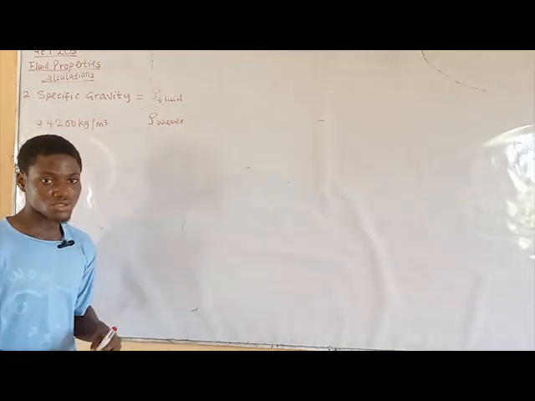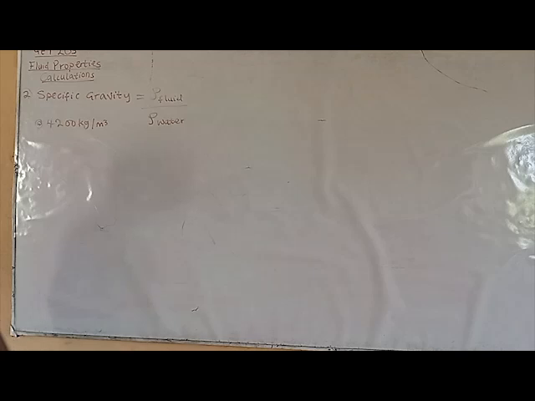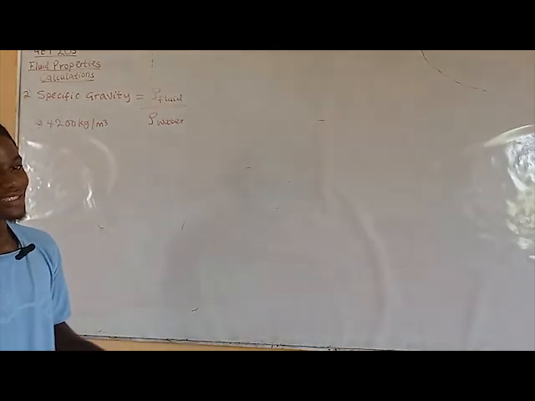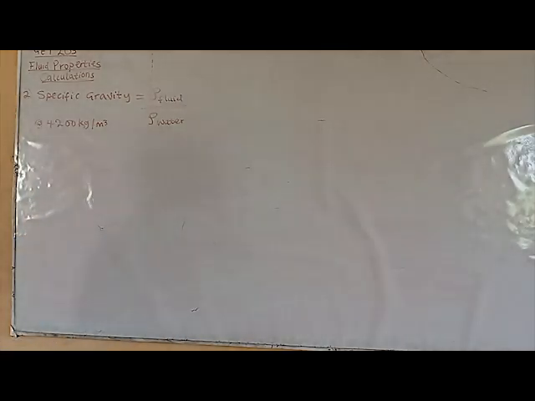Water density is constant for pure water. I don't mean sachet water, I mean pure water. I don't mean the one they sell here in Nigeria. I mean the one they have tested in the lab. Density is supposed to be constant. The density of water is usually around 1,000 kilogram per meter cube.